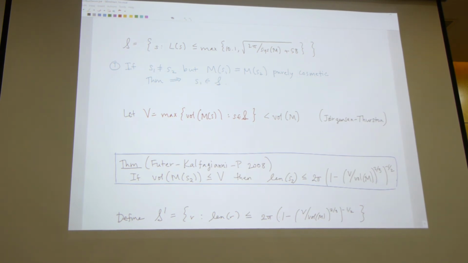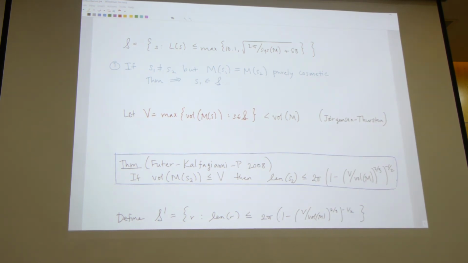If we have a counterexample to the cosmetic surgery conjecture, then it follows that one of the two slopes has to be in this curly S. Let's say, without loss of generality, that S1 is in there. The next thing that goes in is that the two Dehn fillings are homeomorphic.